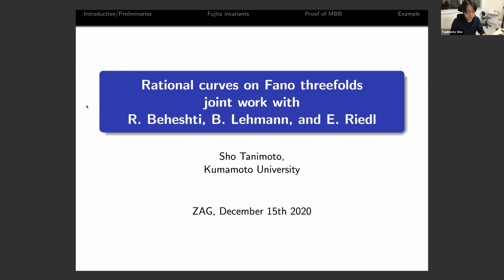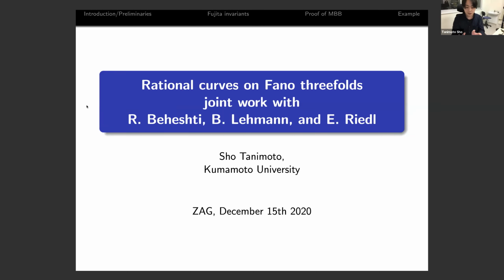With Brian, I have been studying the geometry of Manin's conjecture, and we realized that this study can be used to understand the space of rational curves on Fano varieties. Today I'd like to report some recent progress on spaces of rational curves on Fano threefolds.